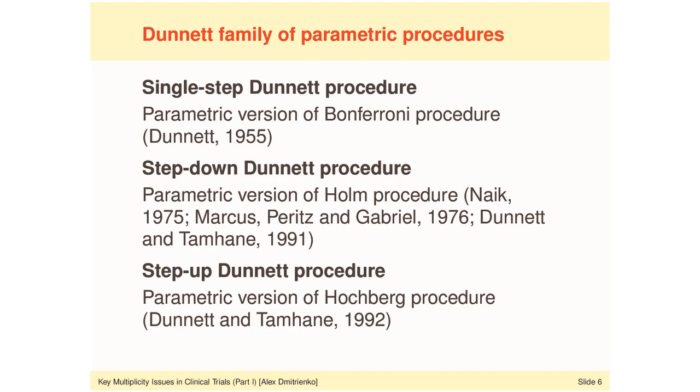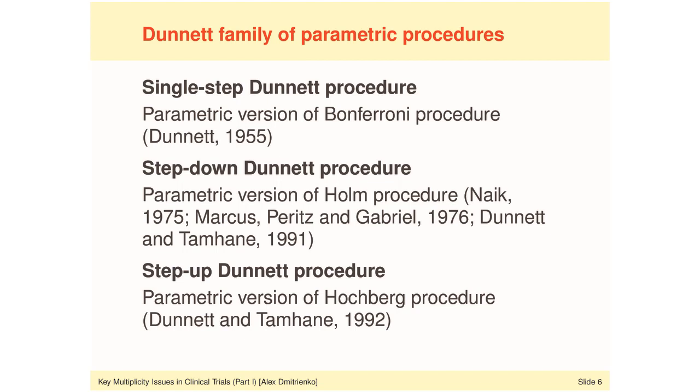Then, assuming that hypothesis ordering is not fixed, it is data-driven, a step-down parametric procedure can be set up based on ordered p-values or ordered test statistics. It will be a parametric version of the Holm procedure, and it's known as the step-down Dunnett. And also a step-up parametric procedure, which is similar conceptually to the Hochberg, can be constructed.